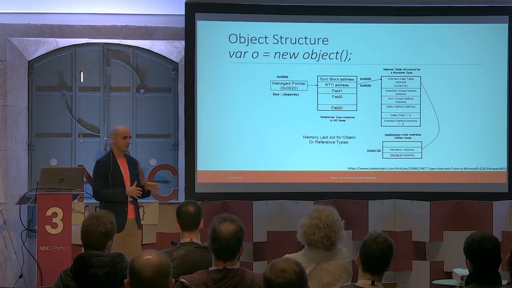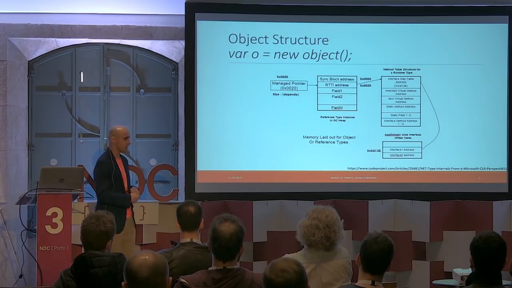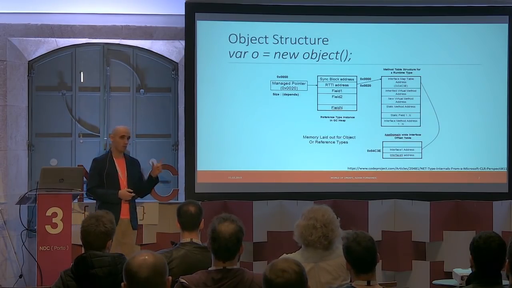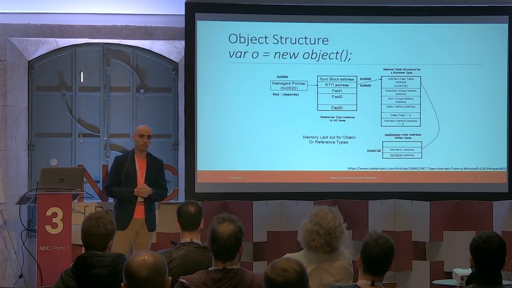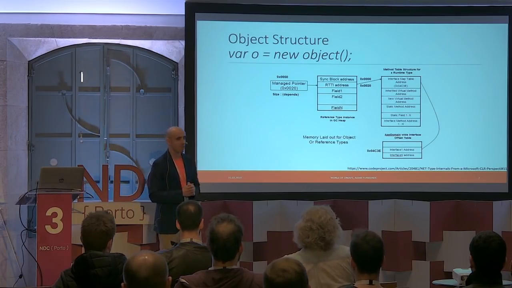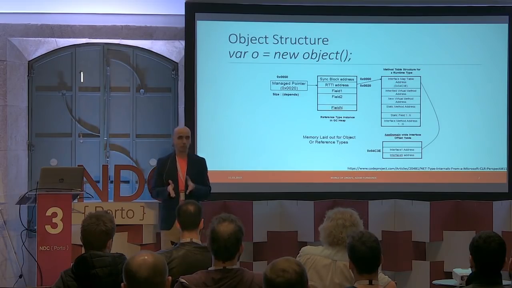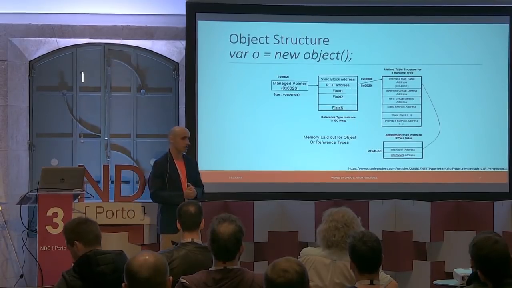But with object instances, we only have the data, so the fields describing the actual things we store in the objects. But there are two more things related to every object. Actually, we know there is a thing called reflection in .NET, so we can ask the object, hey, which type are you? What are you, basically? And this works at runtime. It's not compile time.